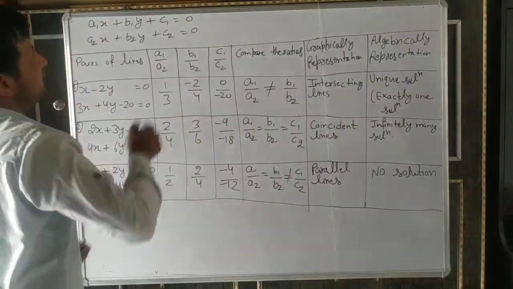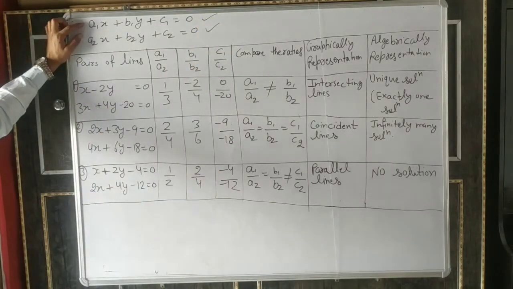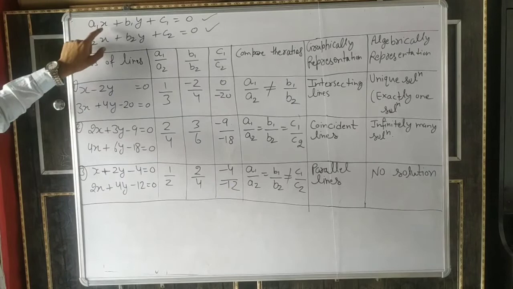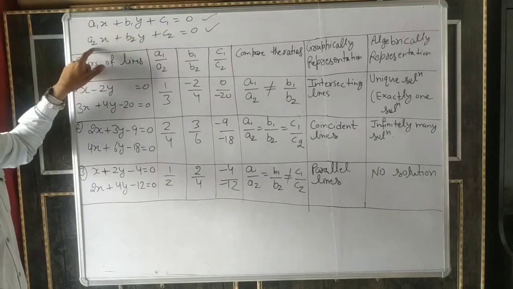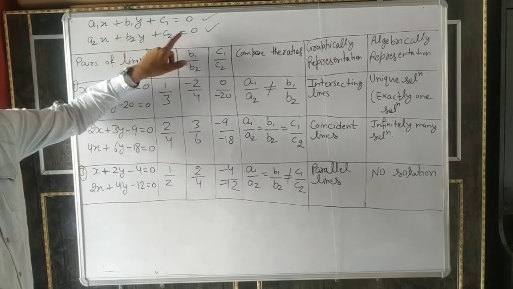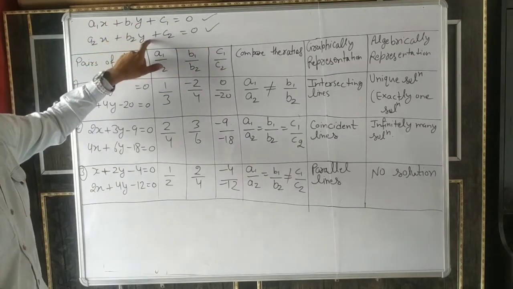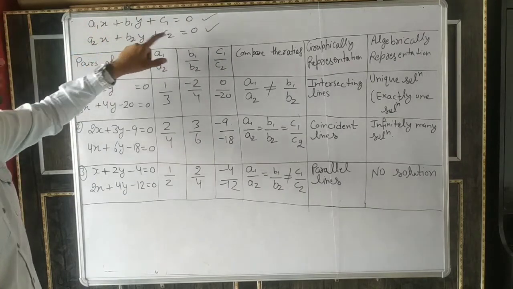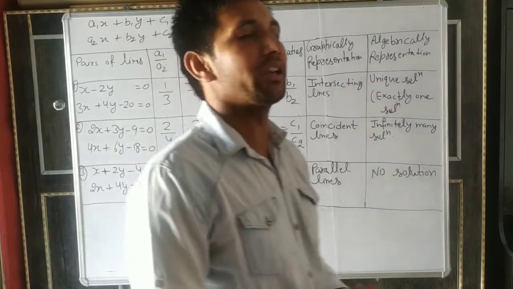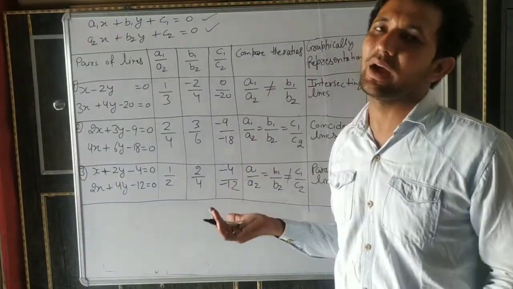Everyone knows these are the general form of a pair of linear equations in 2 variables: a1x plus b1y plus c1, a2x plus b2y plus c2 equal to 0. X and y are the variables, and a1, b1, c1, a2, b2 and c2 are real numbers. Real numbers mean it can be any number, a1 may be 5, any number.